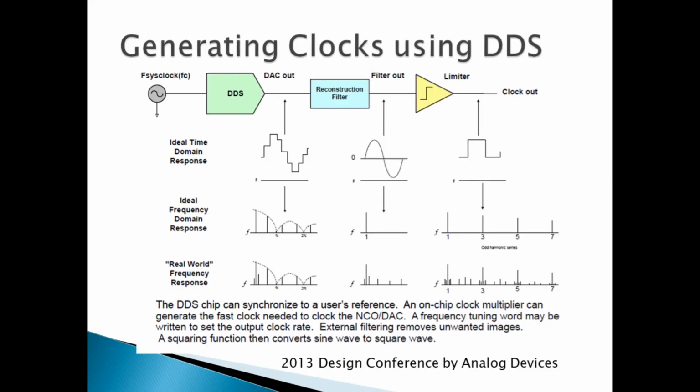So direct digital synthesis or direct digital synthesizer works on the principle where there is storage in a lookup table, and this storage is in the digital domain, and there is a phase accumulator which stores this information in the form of a lookup table.